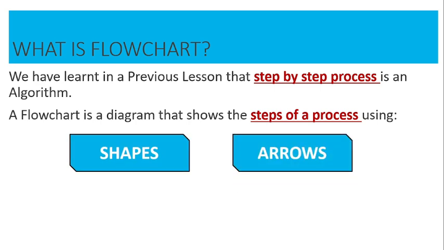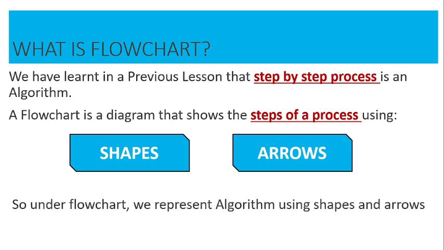The flowchart is a diagram that shows the steps of a process using shapes and arrows. So under flowchart you represent the algorithm using shapes and arrows.